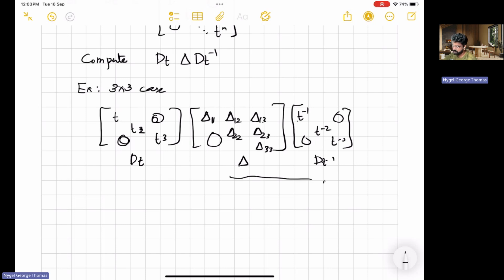So if you multiply these, the diagonal entries are lambda 1, lambda 2, lambda 3.